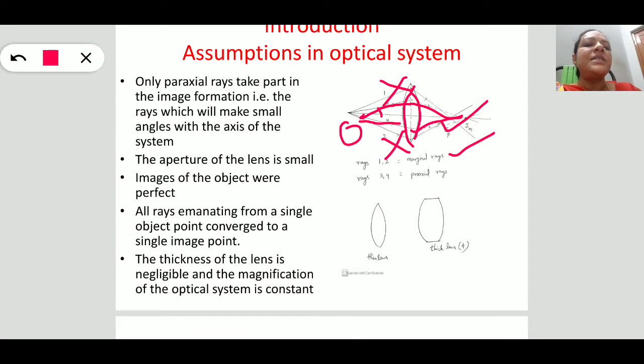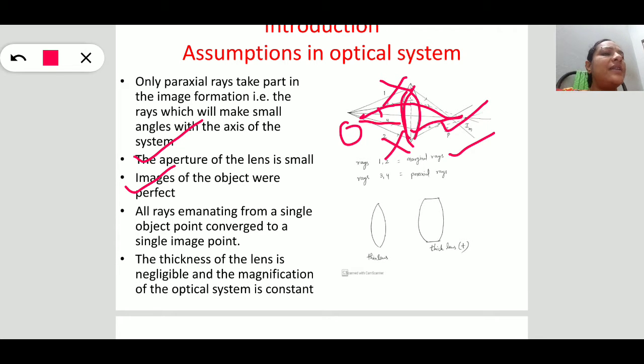Next, another assumption is that the aperture of the lens is small. Even though we consider a big lens, we consider the aperture of the lens to be very small. Similarly, we assumed the images we get are perfect, but this is not true.